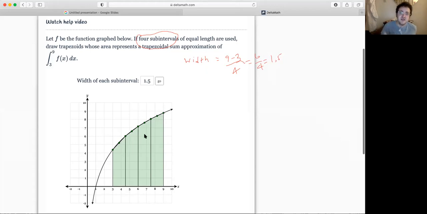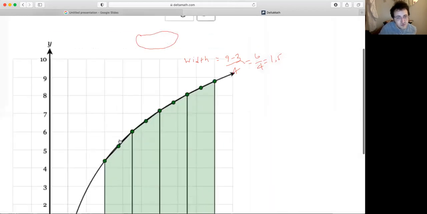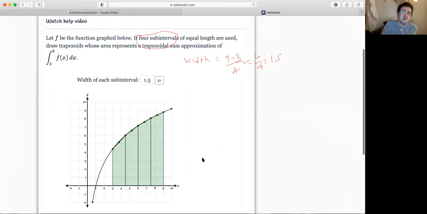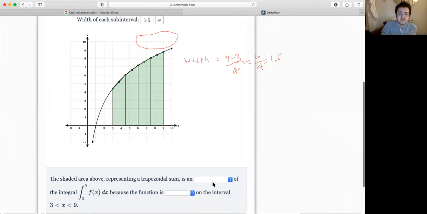You'd have to zoom in to see that you're off, to be honest with you. Well, actually, you could see it's ever so slightly off. It's really close. This looks to be a little bit of an under approximation.